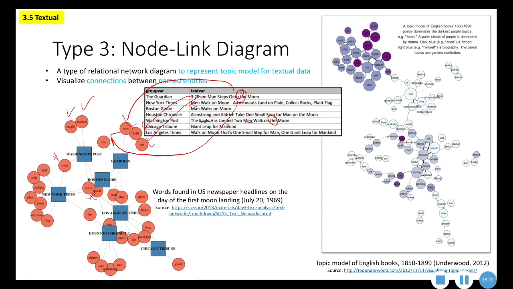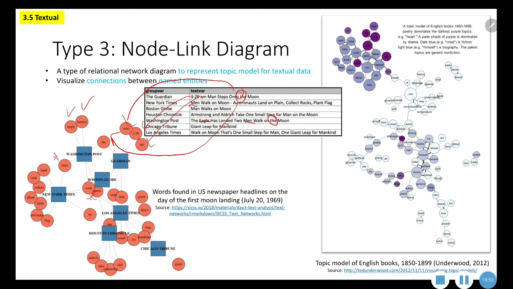The next one is a topic model of English books by Underwood. This represents topics within a book. The darkest color represents the genre of the book. In this case, the darkest shade represents poetry.